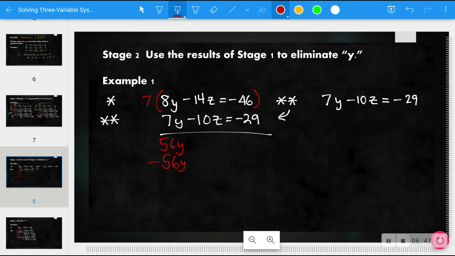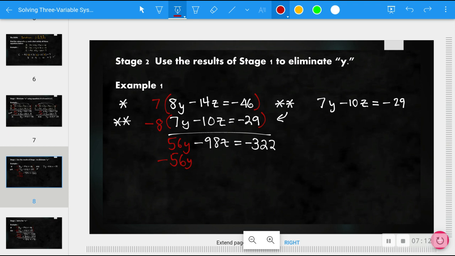And when you do that, you get 56y minus 98z equals negative 322. The bottom line, to get the correct value that we're shooting for here, we want a negative 8. That'll give this negative 56 that we want down there.